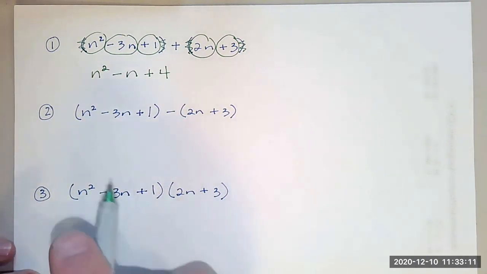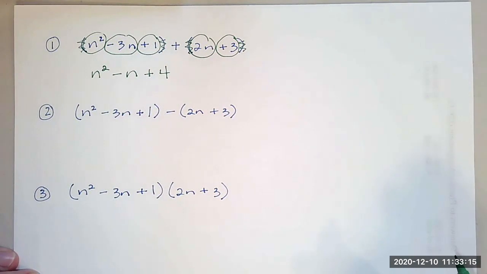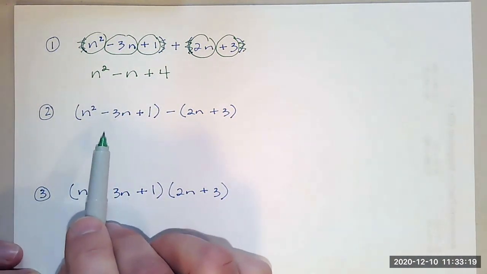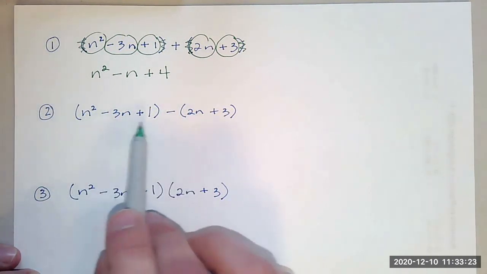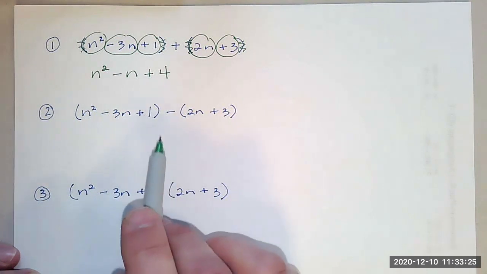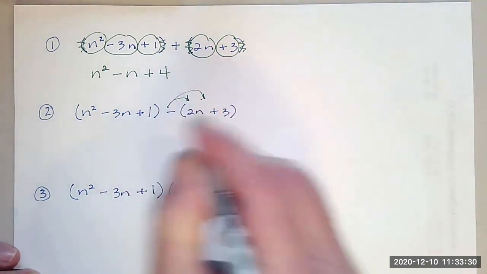Okay, so there are very, very few ways you can go wrong on addition. With subtraction, the same problem that occurred with subtraction of functions shows up in subtraction of polynomials. A lot of students forget to distribute that negative.